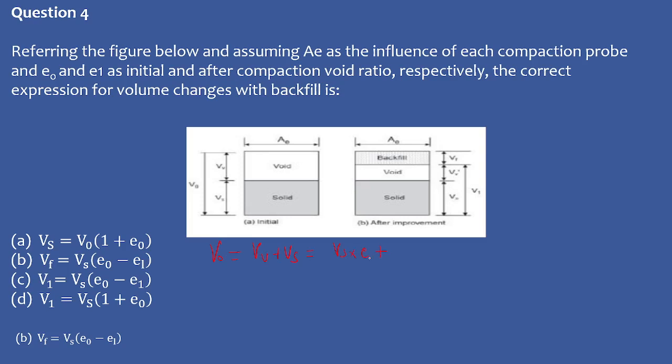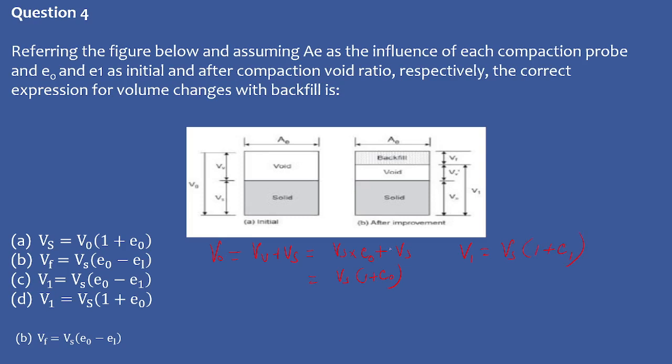Considering the initial void ratio E0, the whole expression can be written as V0 equals Vs times (1 plus E0). After the compaction we have V1, and with the same expression, the volume of solids is the same because only the void ratio is changing, so the volume of the voids changes, and that void ratio is E1.